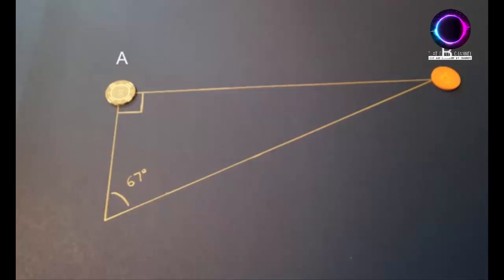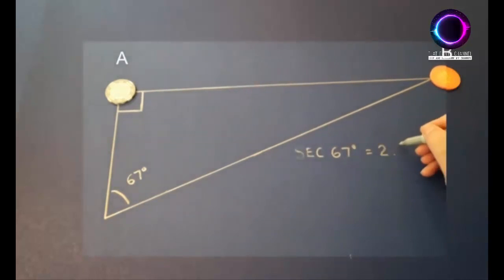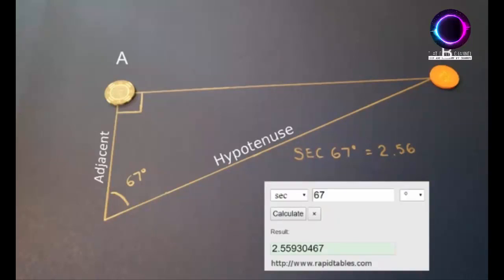To get the ratio, we simply calculate the secant of the angle, which is the trigonometry calculation for the ratio of the length of the hypotenuse over the length of the adjacent side. I put a link in the description for the explanation of this, in case your trigonometry is rusty. In our example, this comes out to 2.56. So this means that object B is 2.56 times farther away than object A.